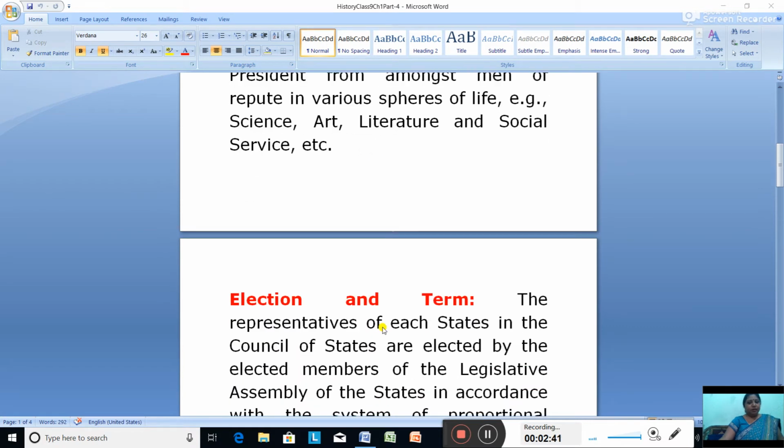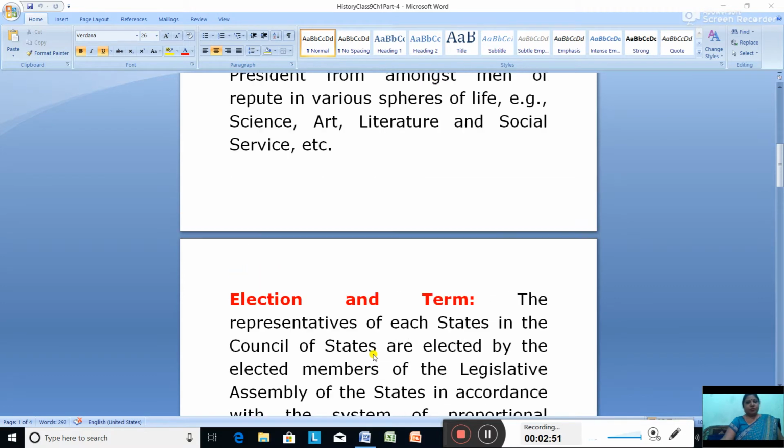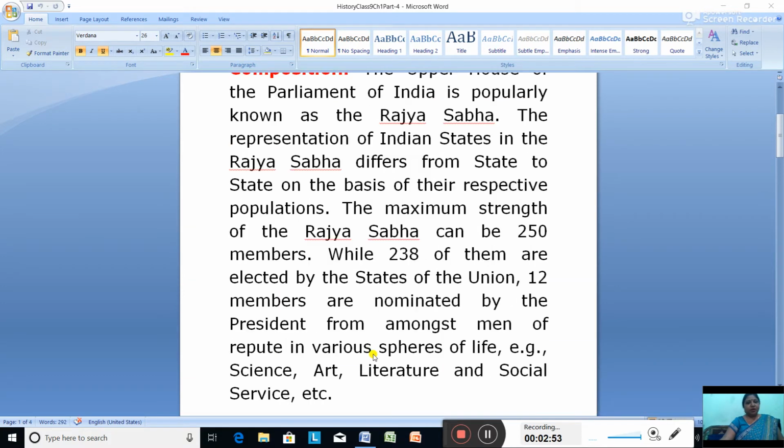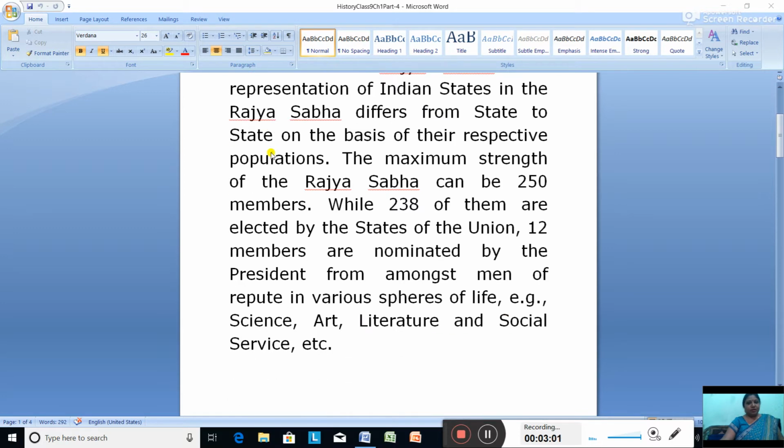Then you will mention who is electing these members. They are elected by the legislative assembly of the state. These are the points which you will mention if the question is how the Rajya Sabha is composed. So I hope you have understood here.